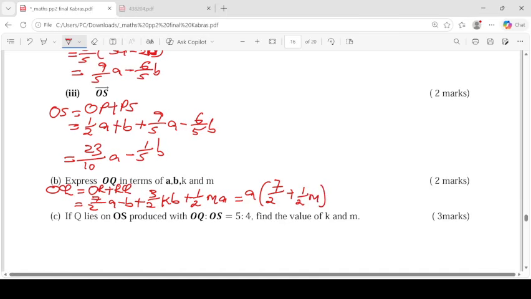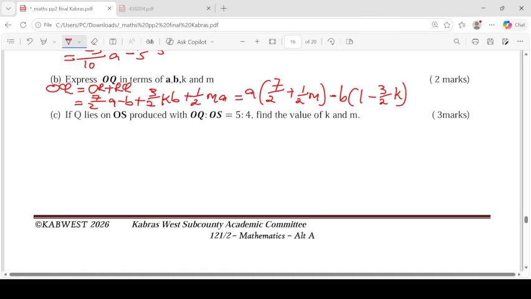Now minus b plus 3 over 2 kb: b is common, so minus b into 1 minus 3 over 2 k. Yes, that is the simplest one.